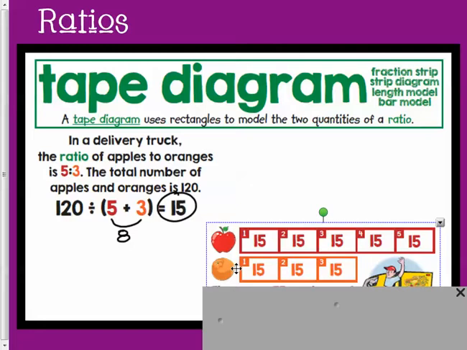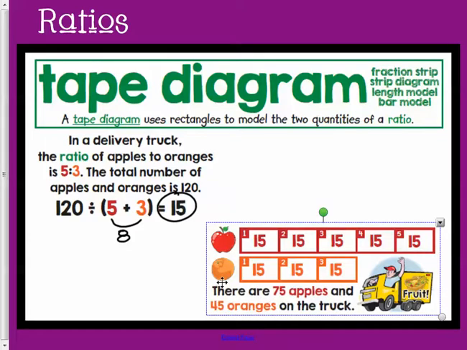The 3 represents the number of groups, in this case oranges, and 15 again is the number in each group. So we have a total of 75 apples, 15, 30, 45, 60, 75, and 15, 15, and 15 make 45 oranges on the truck.